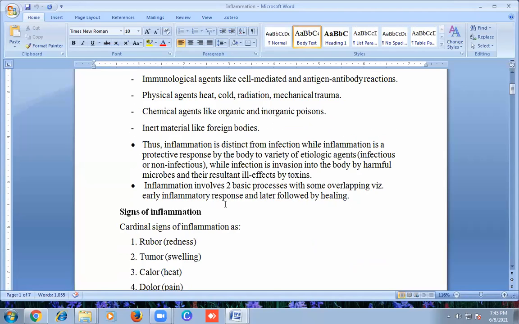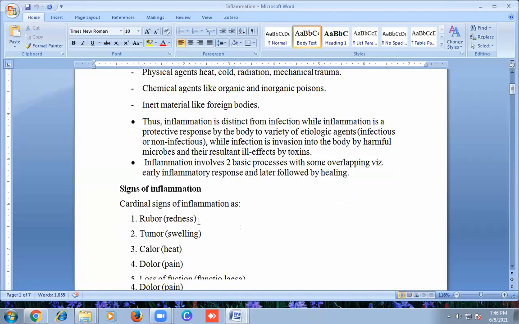If a mosquito bites, it shows the inflammation. But after 5 minutes, it will subside. It will get cured. It will get healed. So it is followed by healing. That is the body defense mechanism. Due to that, it will heal, isn't it?